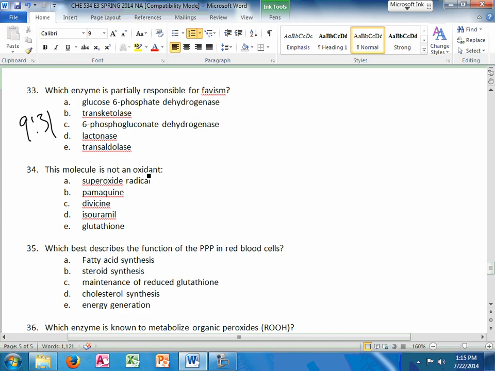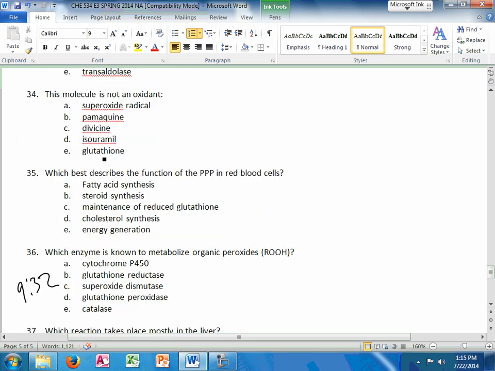So there's a lot of clinical stuff on here. Enzyme involved with favism, glucose 6-phosphate dehydrogenase. This molecule is not an oxidant. So all of these are oxidants. Glutathione is an antioxidant. We saw that in Unit 6.